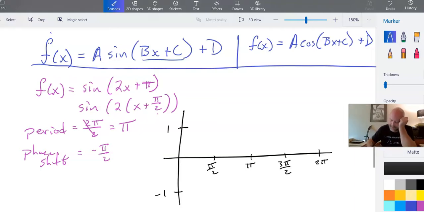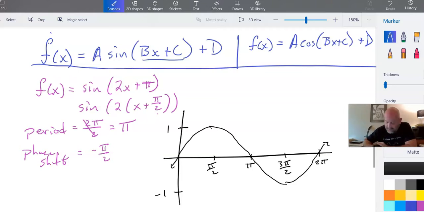Okay, so those are my main things now. So first, let's go ahead and graph sine. So sine goes up this way to 1, goes back down to 0 here at pi, goes down to negative 1 at 3 pi over 2, and back up to 0 at 2 pi. Right? So it looks something like this.